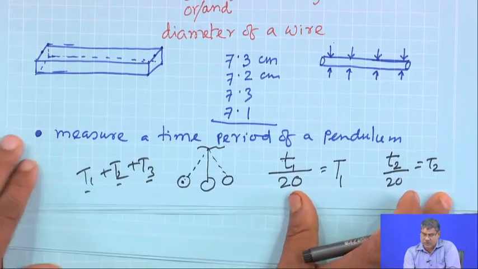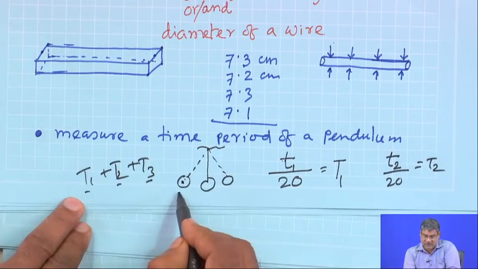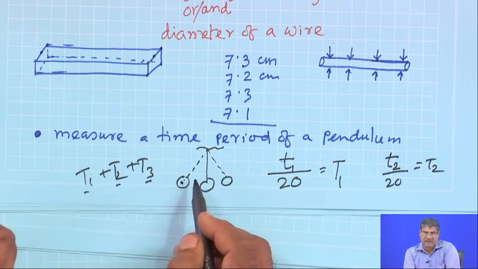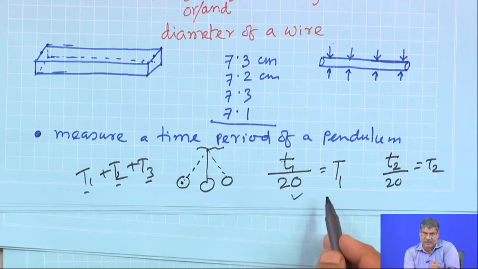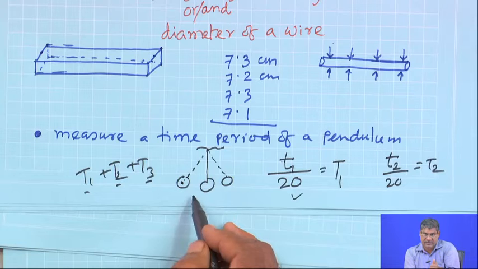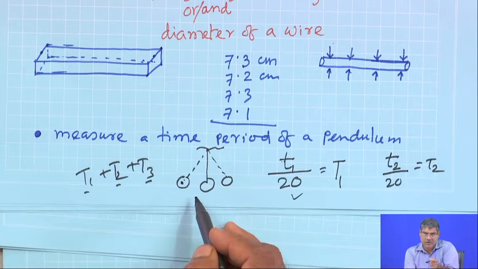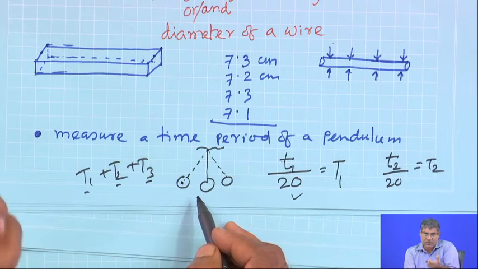Okay. So, here you see this way I am measuring just one oscillation. Why this is better, that you have to know. It is better because in this case you are measuring a short time with your watch.